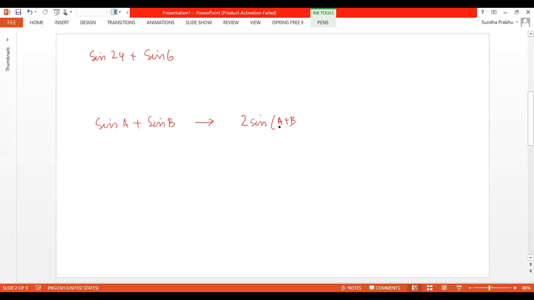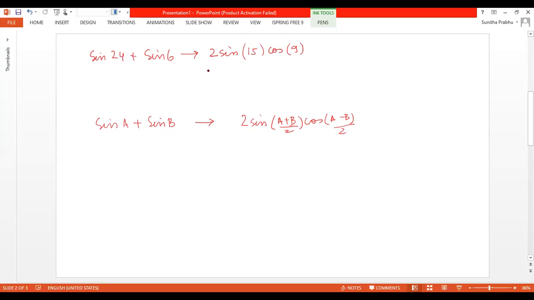So I'm using this formula to write this as 2 sine 24 plus 6, 30 by 2, 15, cos A minus B by 2, 24 minus 6, 18, 18 by 2, 9.